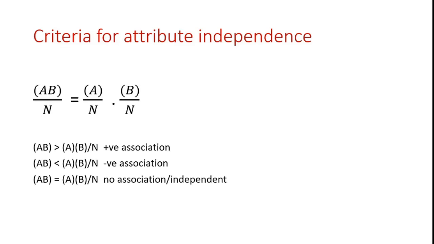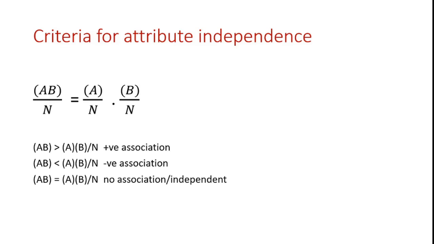Again, I'm not going into the details, and this is the criterion to check for attribute independence. If I have 2 attributes, a dichotomous classification, then (AB)/n is equal to (A)/n multiplied by (B)/n. The bracketed (A), (B) and (AB) represent the frequencies of that particular class. AB is the class which has both attributes, and bracketed AB is the frequency of the class that has both attributes.